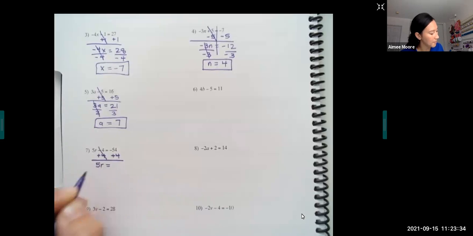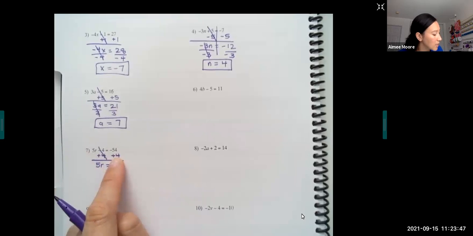And then to the other side, and then we're left with, it canceled out, so we're left with 5r equals -58. You're really close.